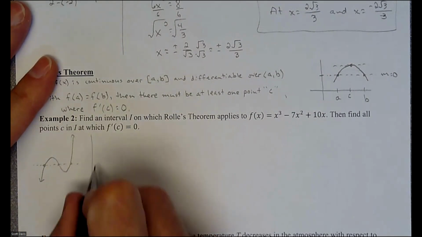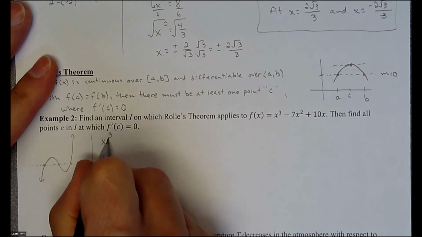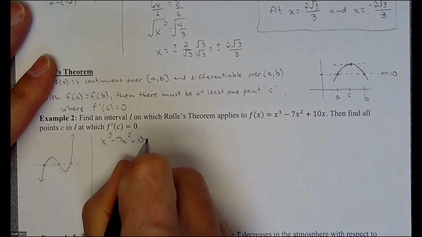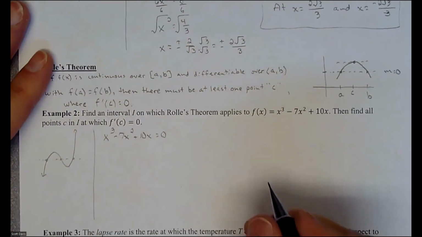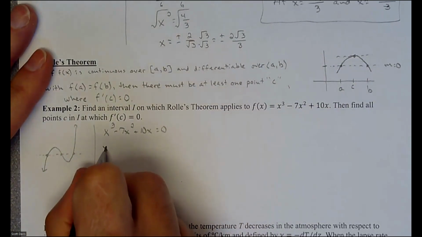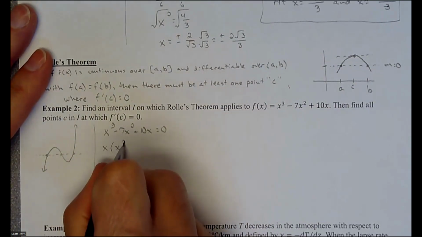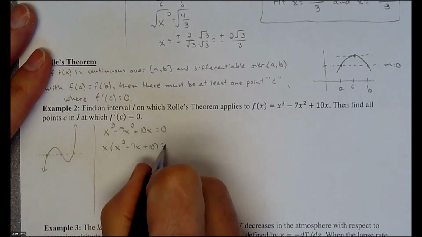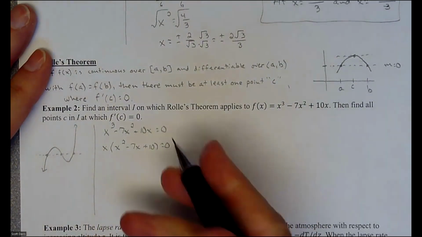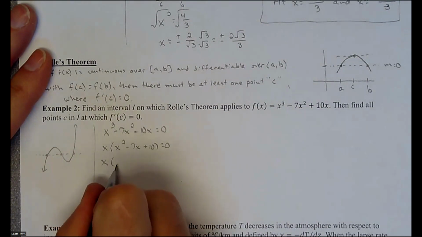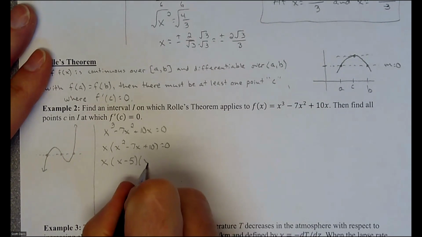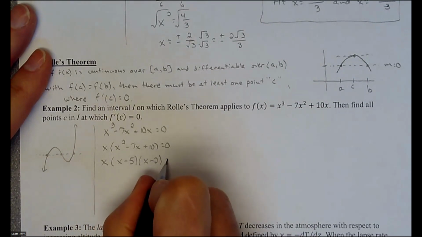So we're going to do x to the third minus 7x squared plus 10x, and we're going to set it equal to 0. I can take an x out of it, and that'll leave us with x squared minus 7x plus 10 equaling 0. And then I can factor this quadratic. This quadratic factors into x minus 5 and x minus 2.